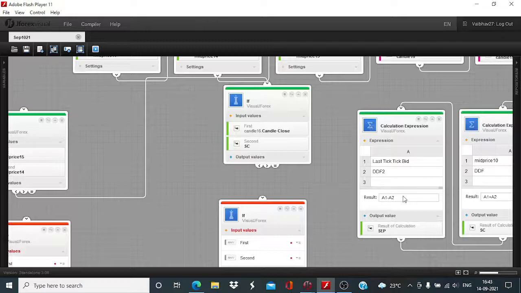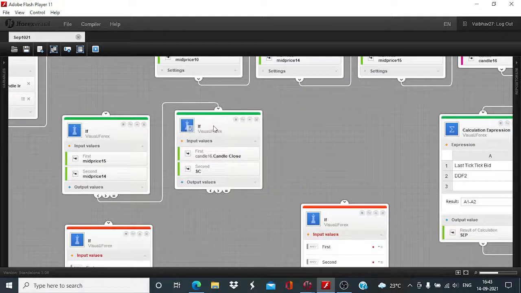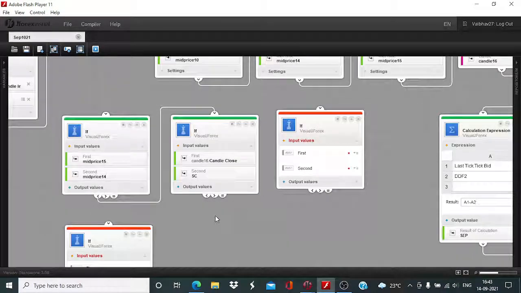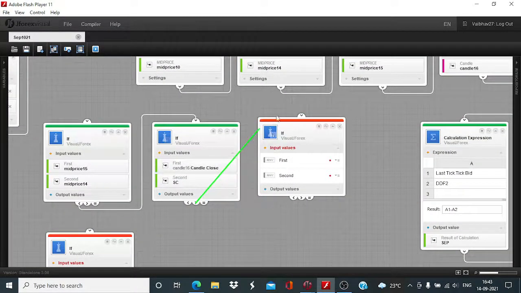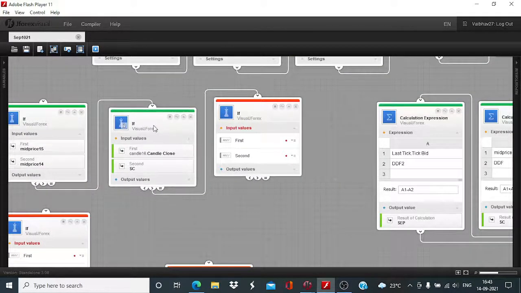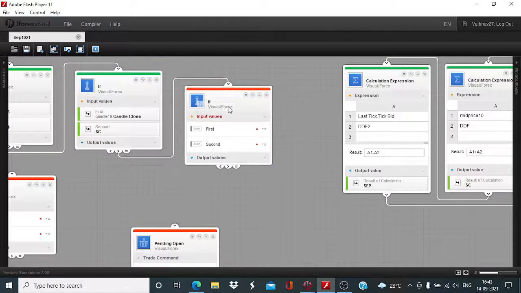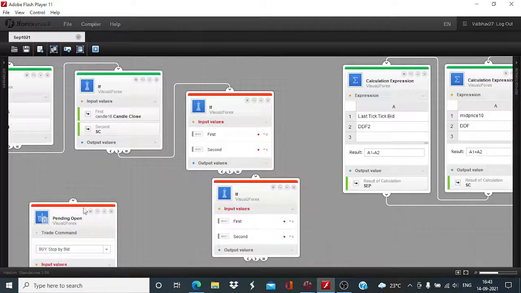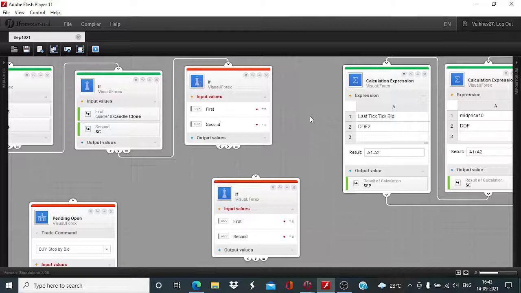So the candle close will need to be greater compared to the 30 pips above the mid price. That means first input greater than second input. And with this, the conditions are in place, and as soon as the price starts to drop below the closing value of the last hour, we will look to initiate the trade.